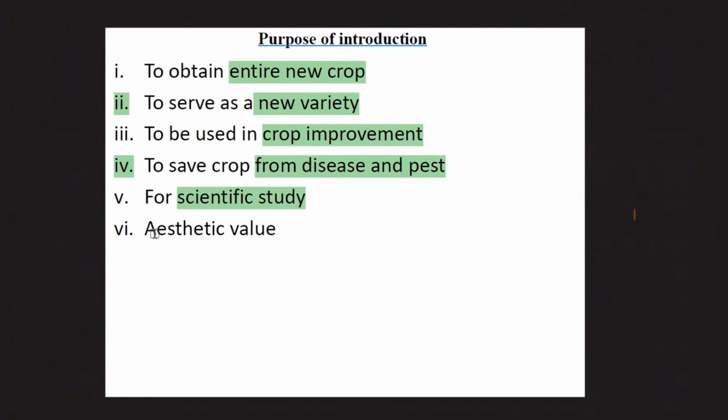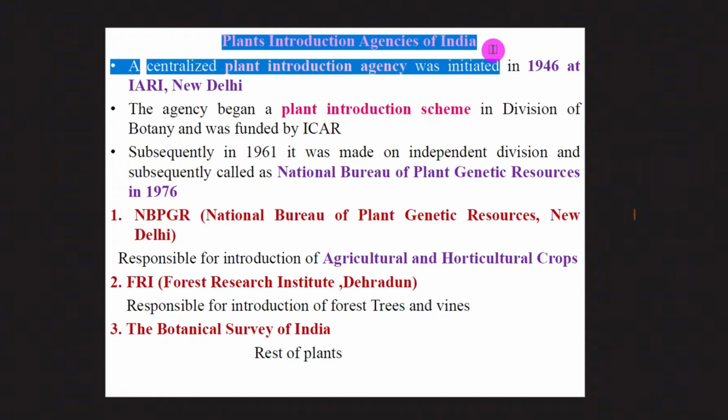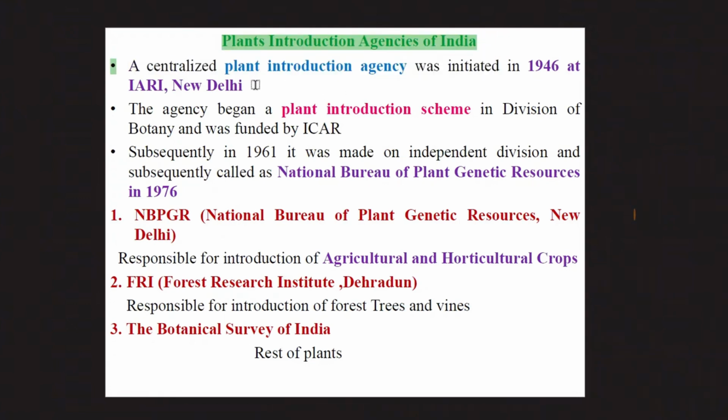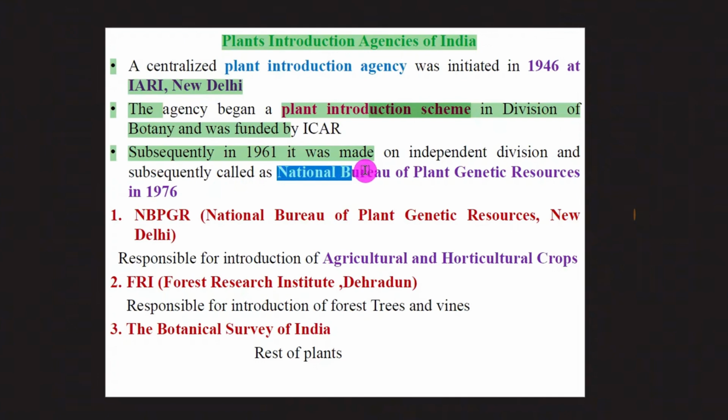And the next one is plant introduction agencies of India. In India, the plant introduction agency was established at IARI in New Delhi in 1946. This agency began as the plant introduction division of botany, funded by ICAR. In 1961 the independent division was formed, subsequently known as the National Bureau of Plant Genetic Resources in 1976.